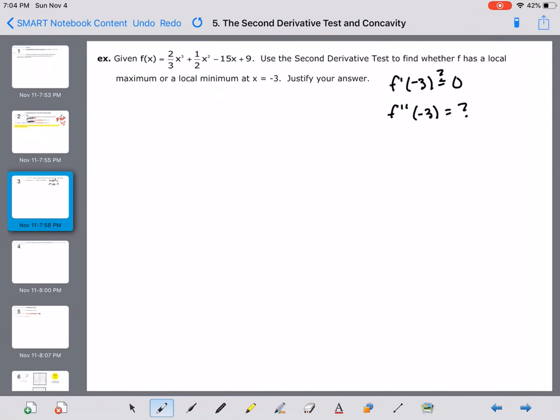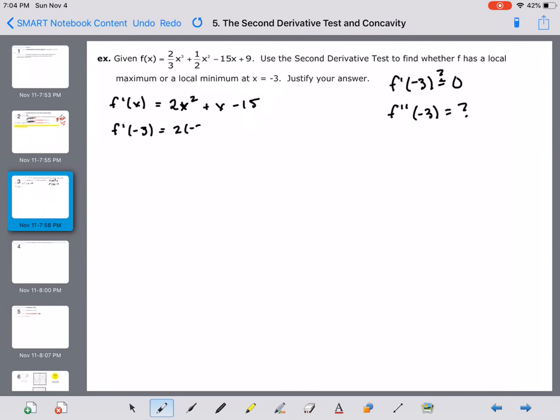to do that. So the first thing I need to do is get our first derivative, our f prime. And if I get that, I get 2x squared plus x minus 15. Right there, that's my first derivative. If I take my first derivative and plug in -3, I'm looking to see, is this a critical value?